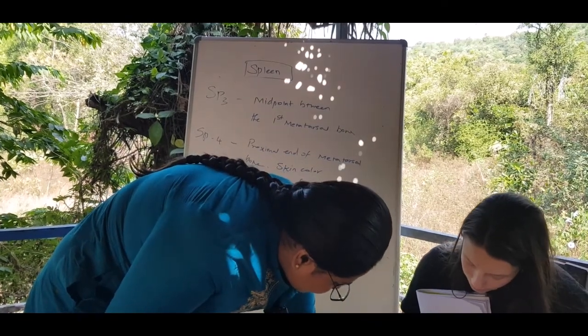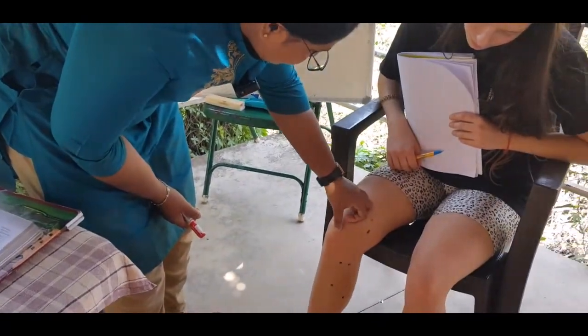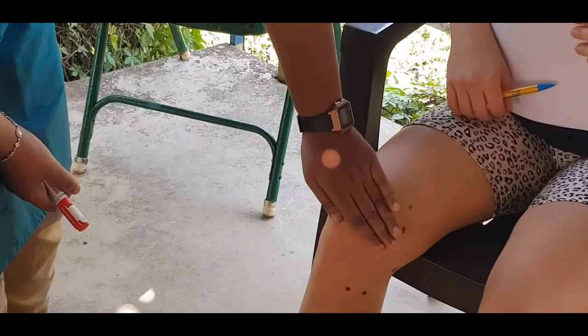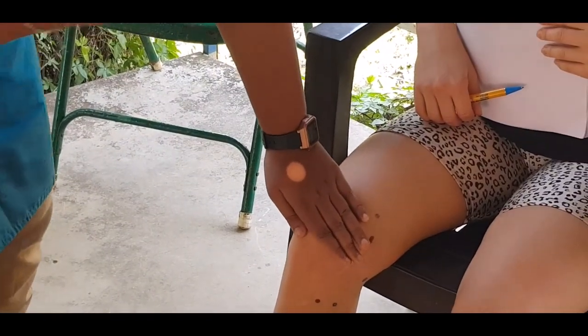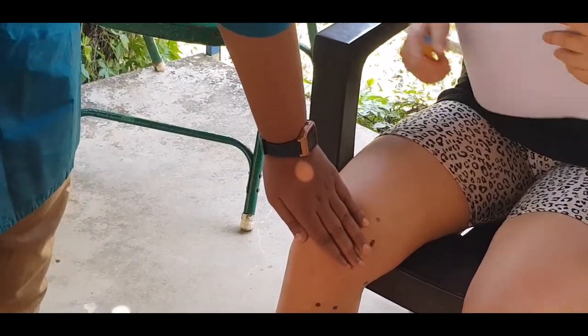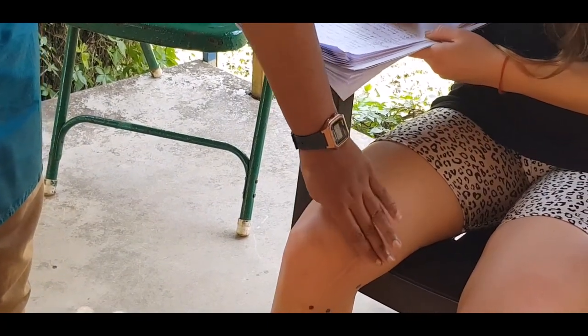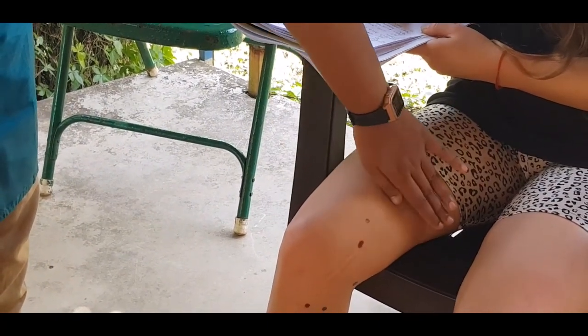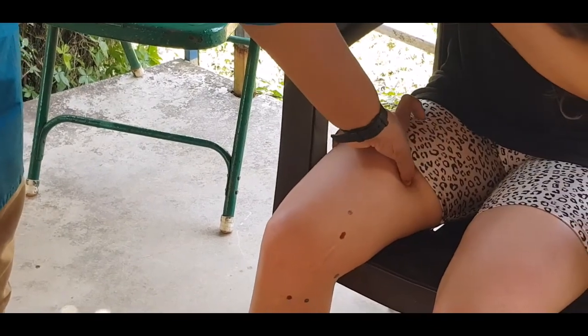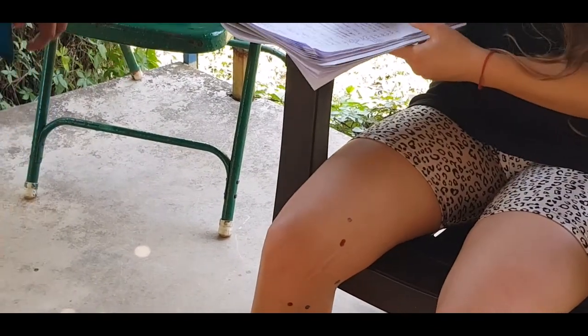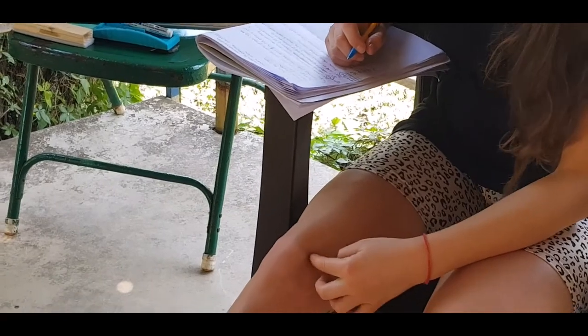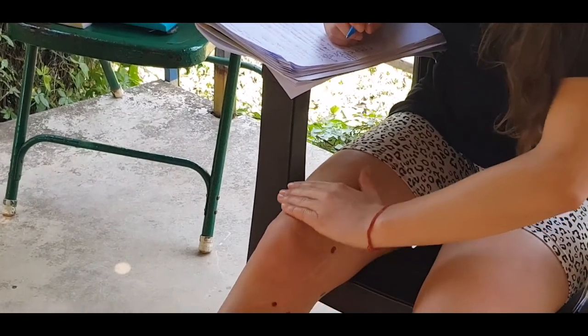This is your patella bone. From here, if you take 8 chun, then comes spleen 11. 8 chun from the patella.